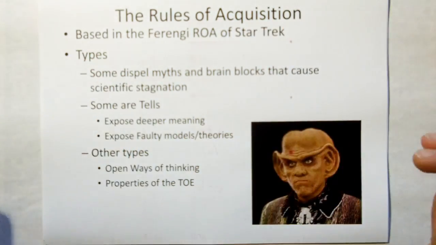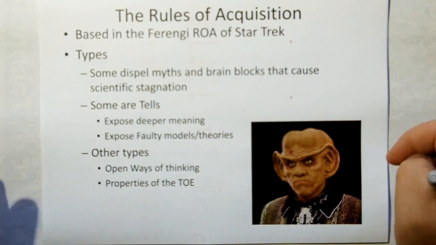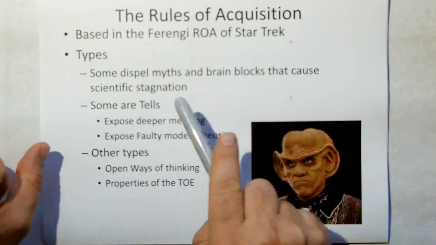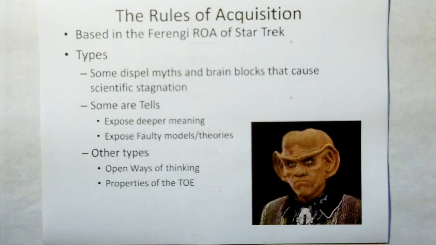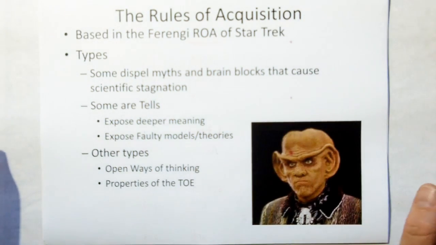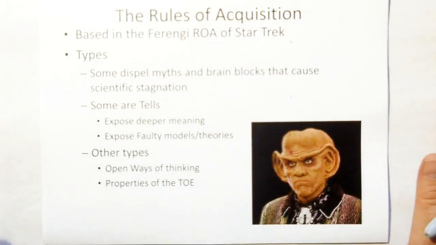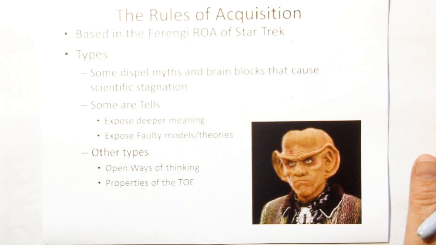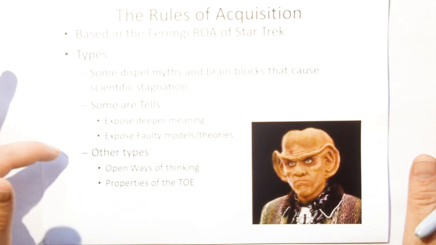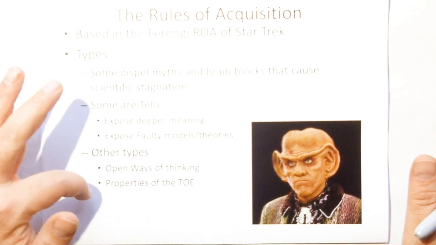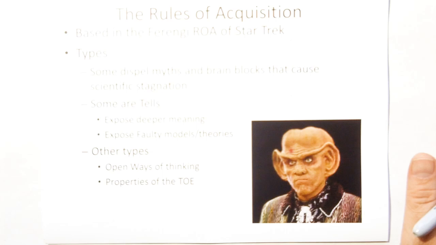Okay, and then some of the rules of acquisition dispel myths and brain blocks that cause scientific stagnation. Some are tells, like we have the ambiguity tell. It says if you have ambiguity, that means the model or theory that you have is not the most fundamental form, that there's a deeper understanding. Other types open ways of thinking, and some even give properties of the theory of everything.